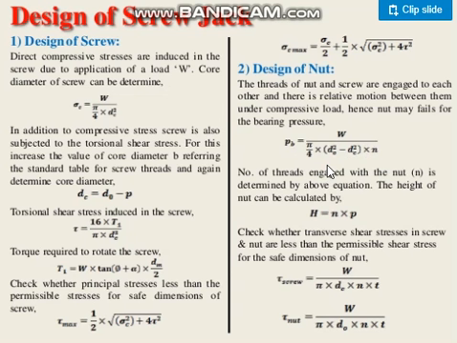But we could have found the shear stress at the start. In practice, they found out that it is better to design on the basis of bearing pressure, because if you design on the basis of shearing stress and find out the height, and then afterwards when you check bearing pressure, it fails. So rather it is better to design with the bearing pressure and then afterwards check for shearing.